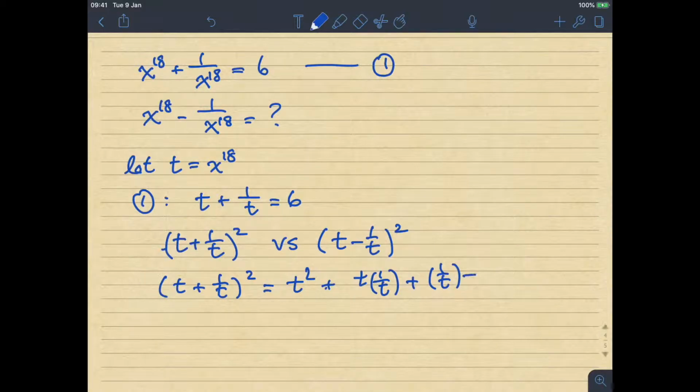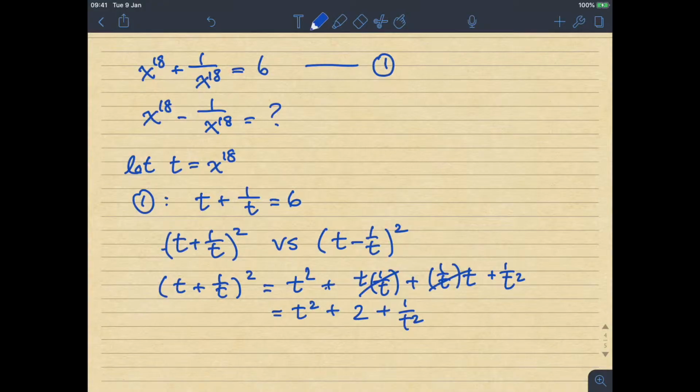I'm doing this from scratch so that you follow exactly what I'm doing here. Equal to t squared plus 2, because that's equal to 1, plus 1 over t squared.